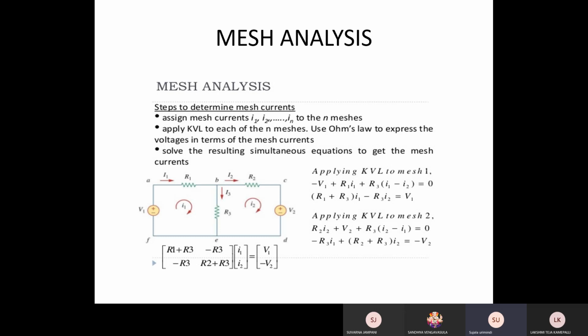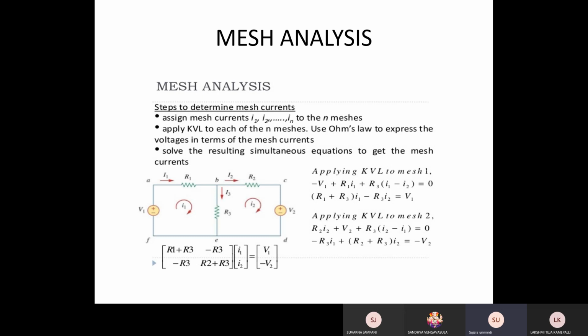But you see that R1 and R2 do not depend upon both currents, because R1 is individual to I1 and R2 is individual to I2, but R3 is the combination of both I1 and I2 currents. So you have to write down the equation for the first loop, R3 is there, and in the second loop also R3 is there.